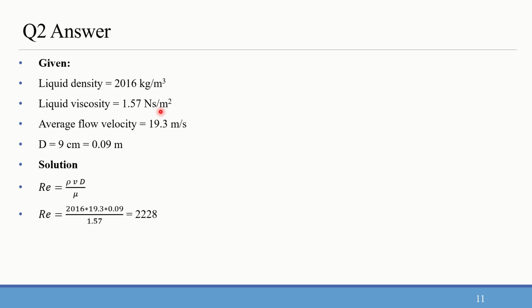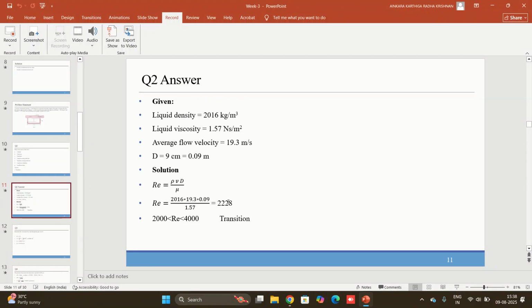So rho is 2016, V is 19.3 and D is 0.09 meter, divided by mu, that is 1.57. I'll just do the calculation once. 2016 into 19.3 into 0.09 divided by 1.57. Okay, actually it is 2230, not 2228.